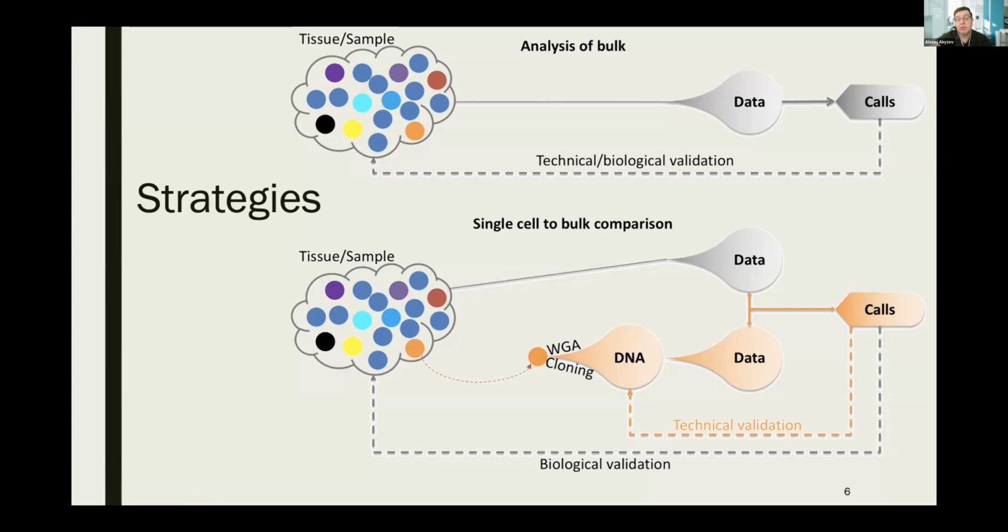If you are using DNA that you amplified for validating your calls, we call it technical validation. If you use DNA extracted from the original sample, we call it biological validation. And what is the difference here? The difference is that this DNA and the DNA from the bulk are different in this step where you do cloning or amplification.